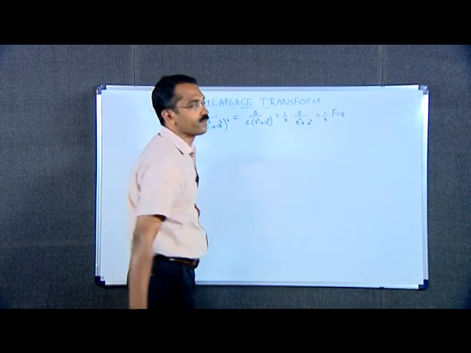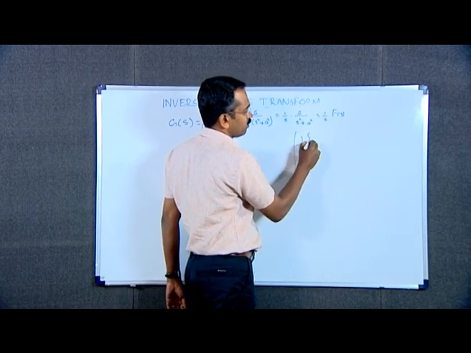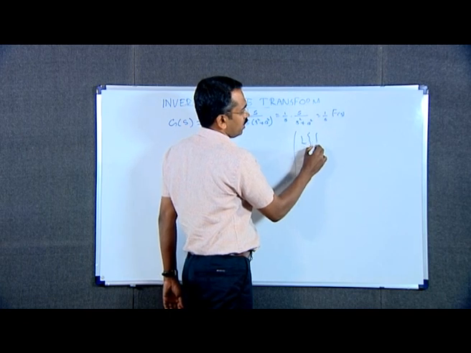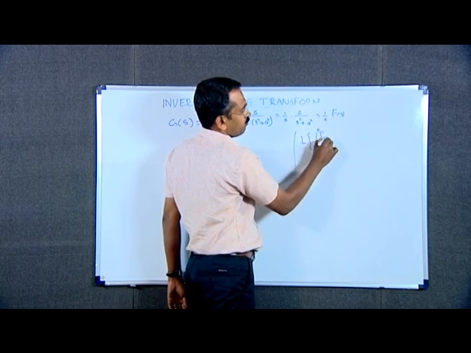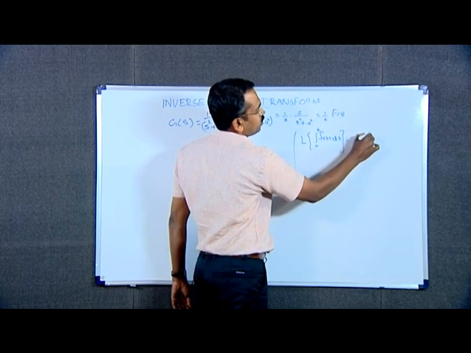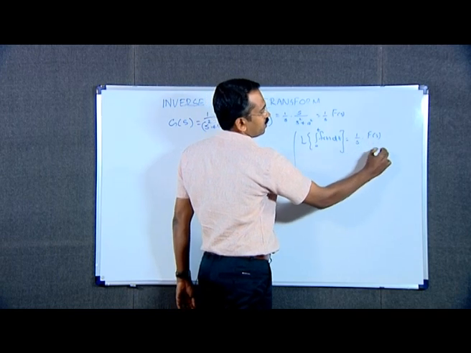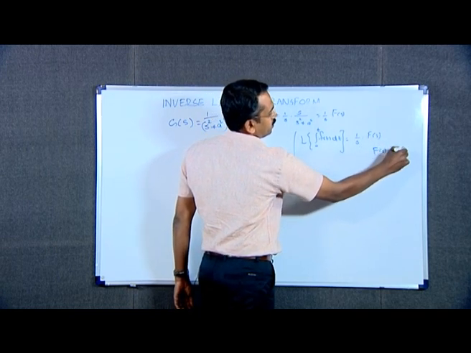f of s. We have the property of Laplace transform. The Laplace transform of integral from 0 to t f of t dt is equal to 1 by s into f of s, where f of s is the Laplace transform of f of t.